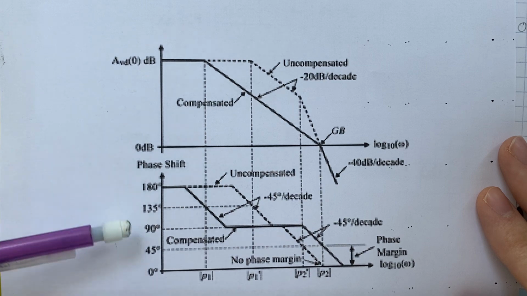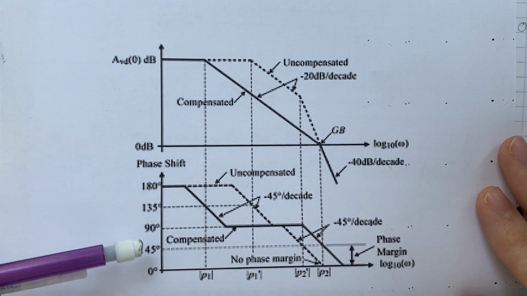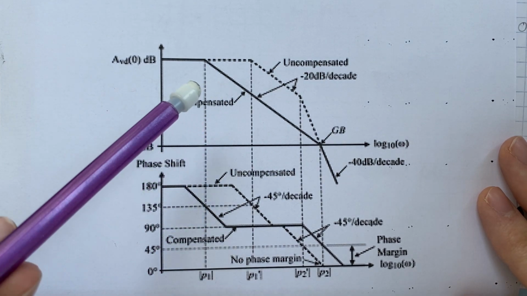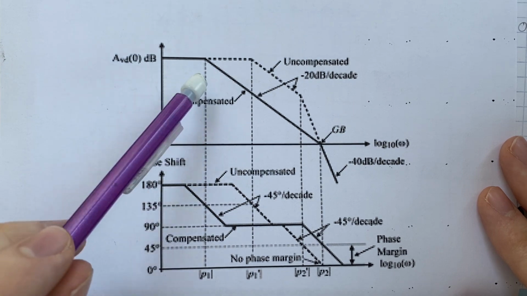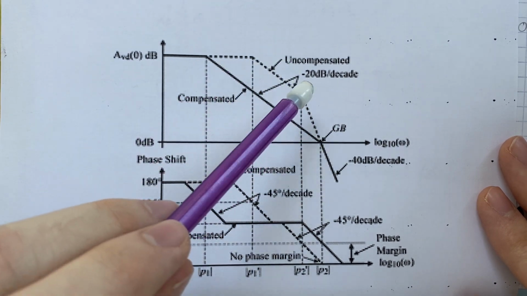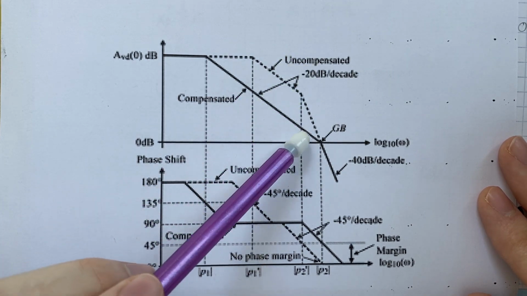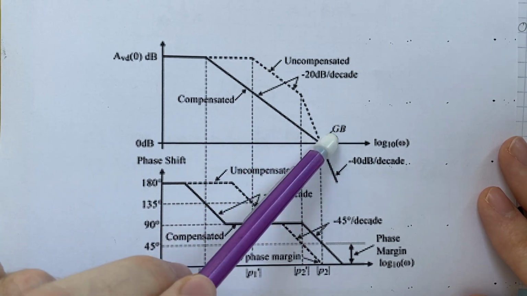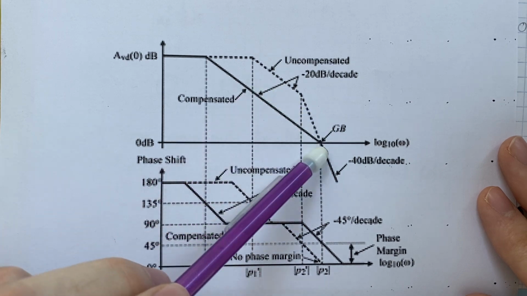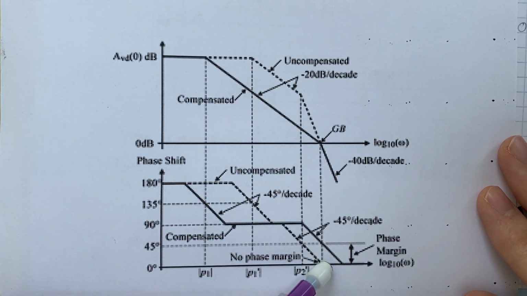Notice this axis is plotting phase margin, not just phase shift. But if we look at the uncompensated one, in this example, we have all these extraneous poles out in the kilohertz, 100 kilohertz, megahertz. By the time the gain gets to 0 dB, our phase shift is already at 180, so we have 0 phase margin.